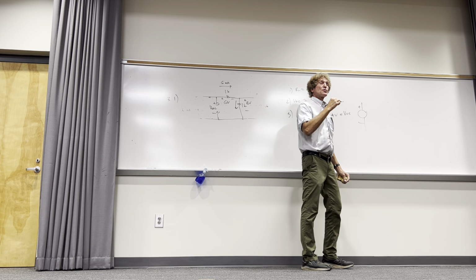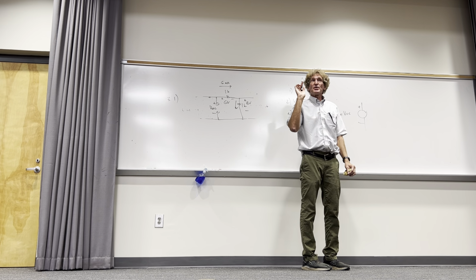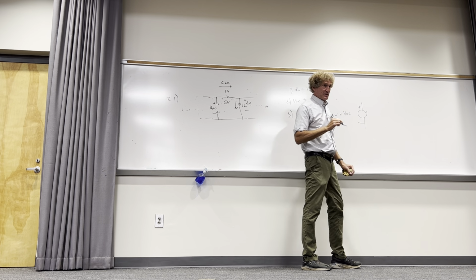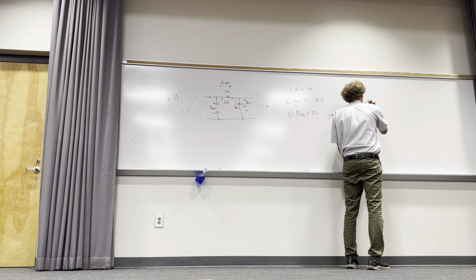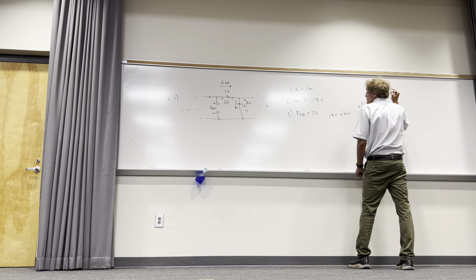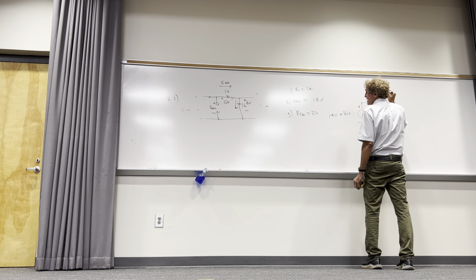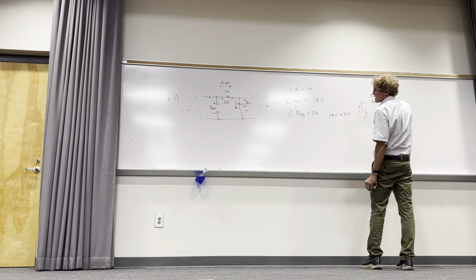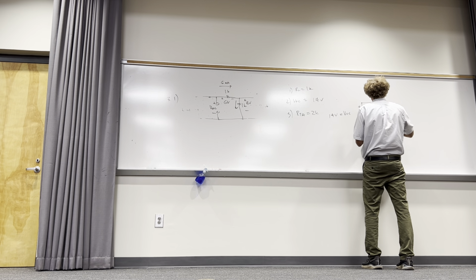Then I put the resistance in series. I'm going to show you a neat trick in a second. I put R Thevenin here, which was equal to 1K. No, I mean, sorry, R Thevenin was equal to 2K, my bad. And I show this.